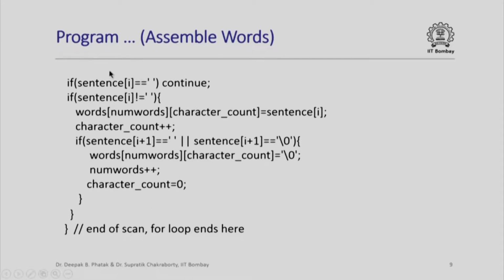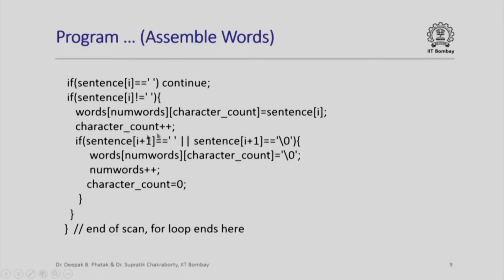As we outlined in our program design, if the ith character is blank, I simply continue with the next iteration, which means I ignore the blank. If the ith character is not blank, that means I have encountered a non-blank character which must be inserted in the current word. So, what do I do? The ith character of sentence I insert in the character count position of the current word, which is indicated by num words.